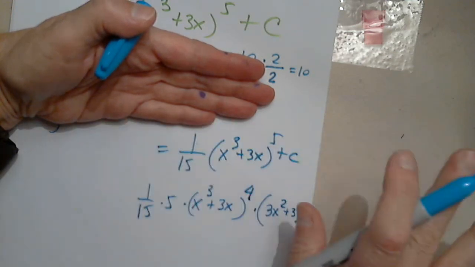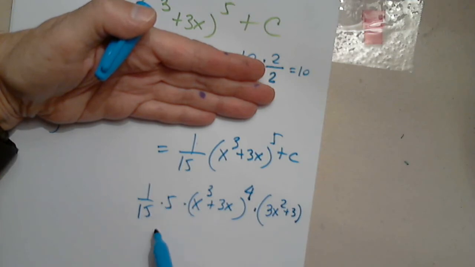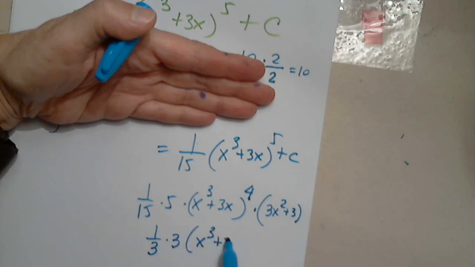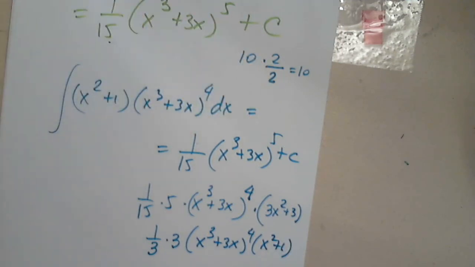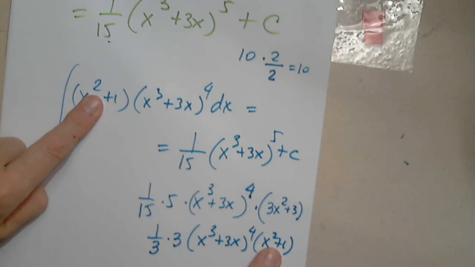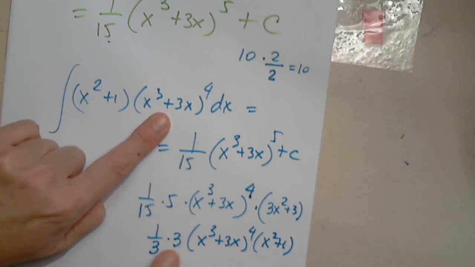The constant prime is 0. These two go away in the sense that I have 1/3. I factor out a 3 from here, and then I have x to the third plus 3x to the fourth times x squared plus 1. This will go away, x squared plus 1, x cubed plus 3x to the fourth, and this is 1.